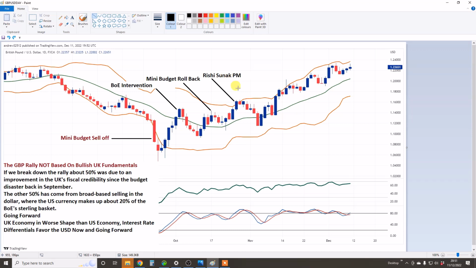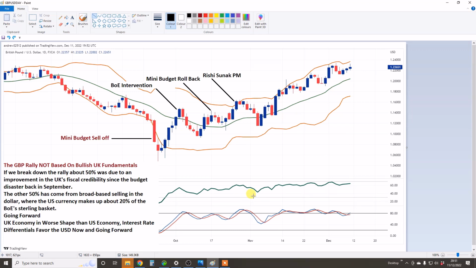Rishi Sunak becomes PM. The market was concerned that Boris Johnson might. So this rally back here, up to 116 from below 108, is basically a relief rally, no change in the fundamentals.